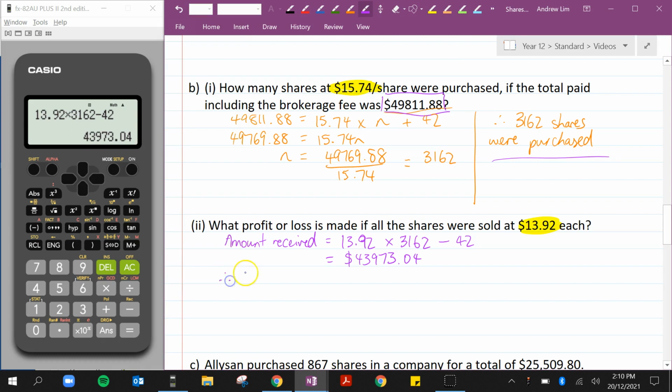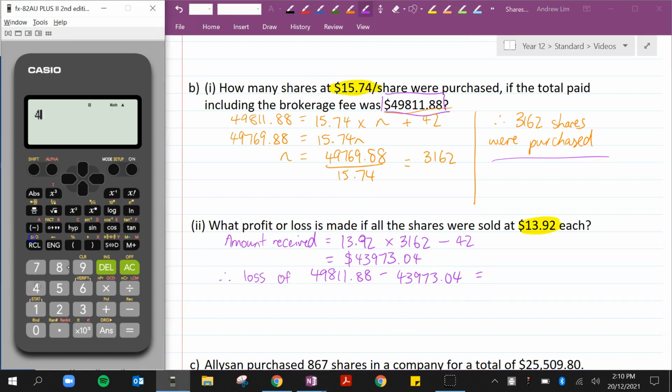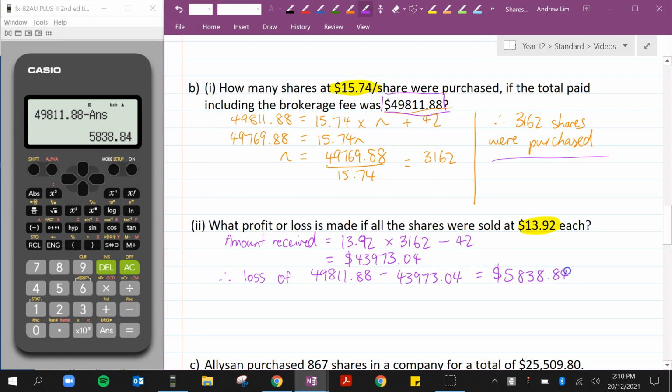So therefore, there's going to be a loss. $49,811.88 minus 43,973.04. A loss of $5,838.84.